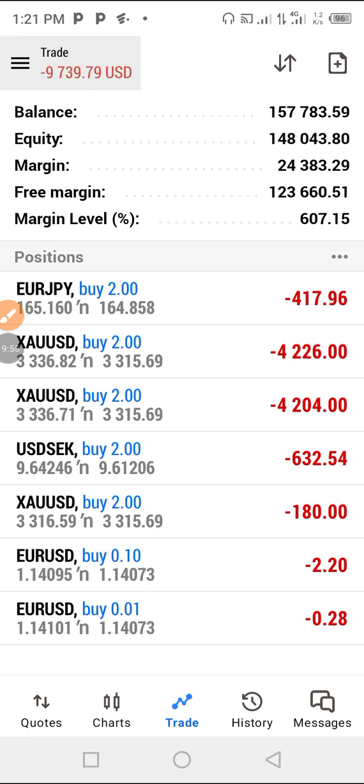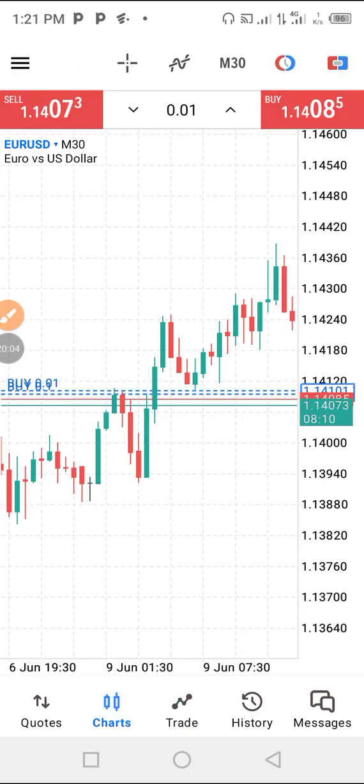So let's go into the lot size. Lot size means, like I said, the amount you want to lose or gain. If the market goes in your direction, you gain, and if it goes against your prediction, you lose.